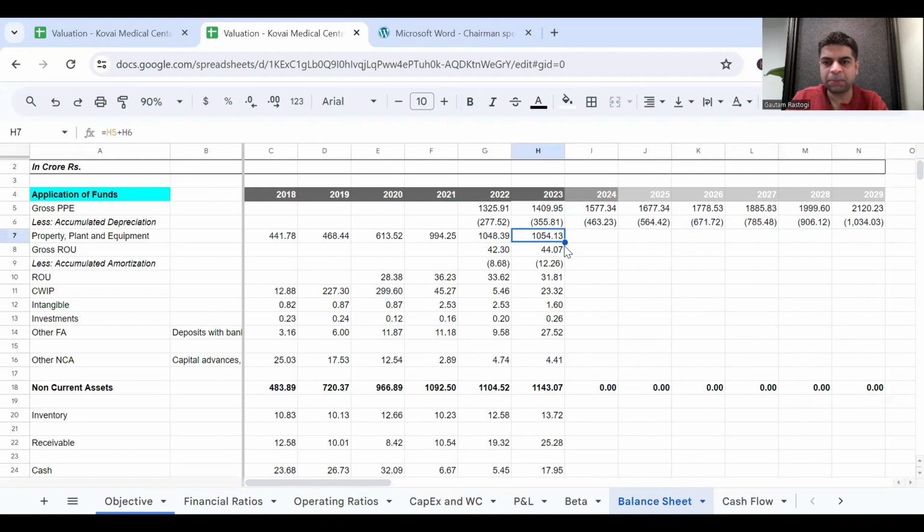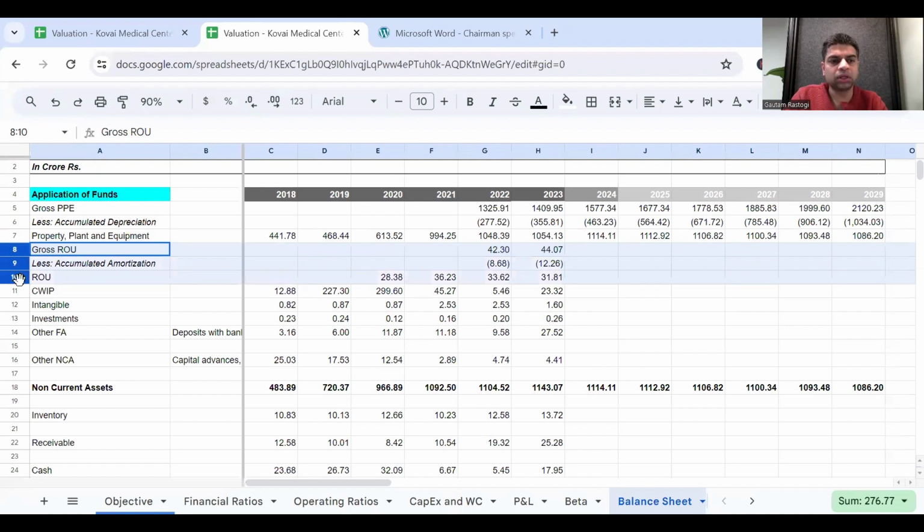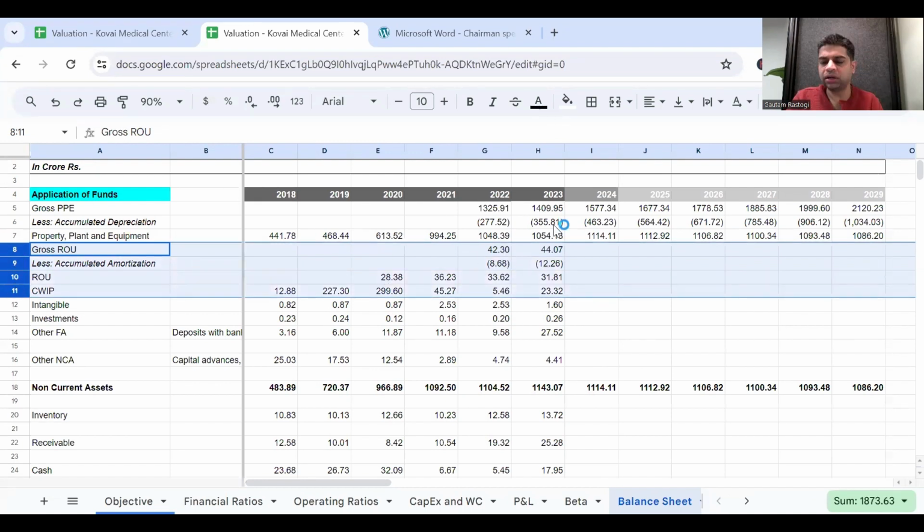Then net PPE, which is gross PPE adjusted for accumulated depreciation. Then we don't have to worry about gross ROU and CWIP, because we've already considered them as part of gross PPE, and within accumulated depreciation we've already taken accumulated amortization, so we don't have to explicitly model it out.